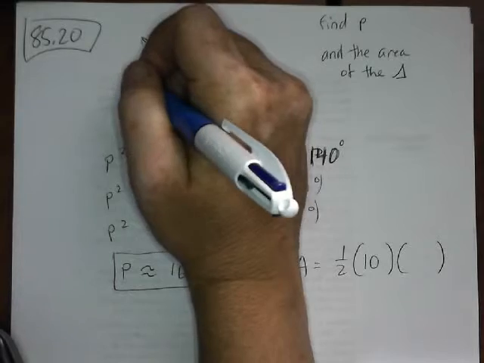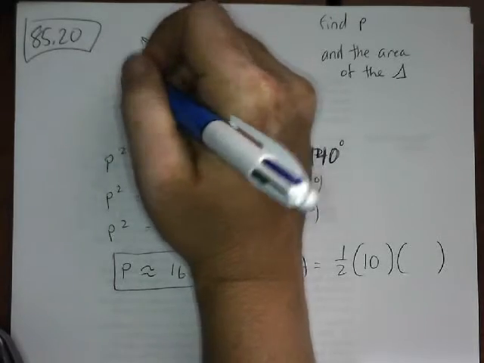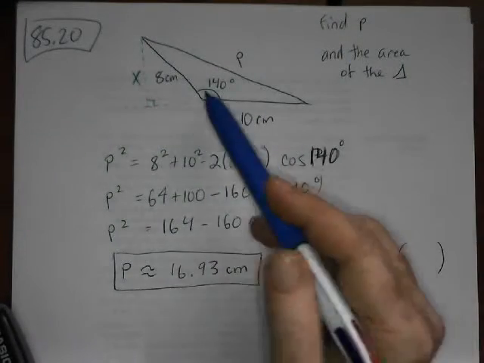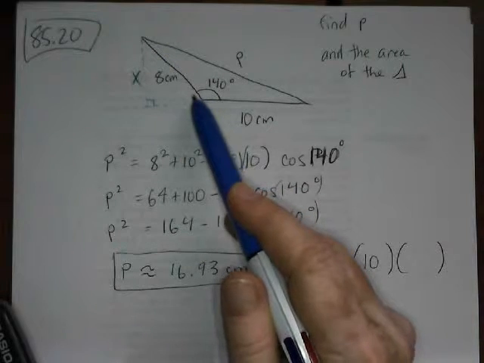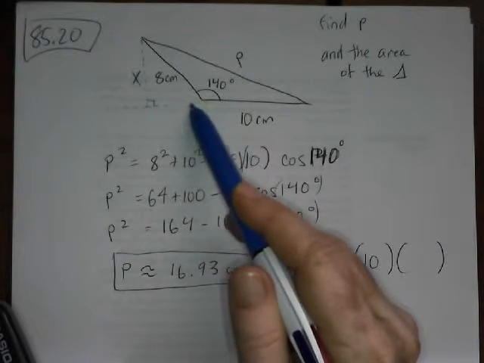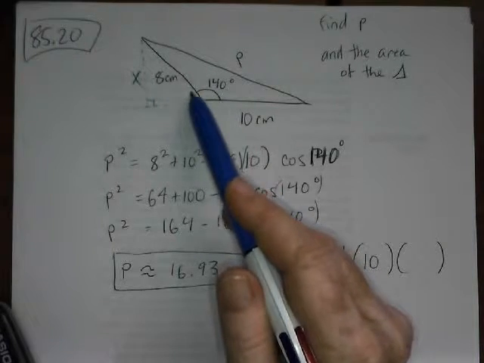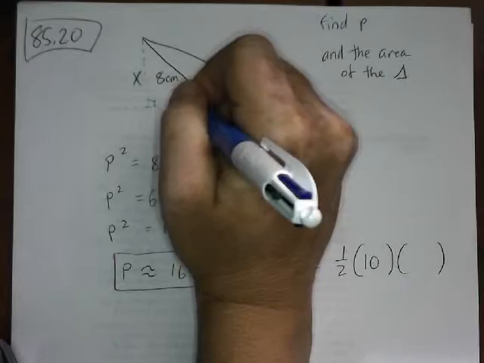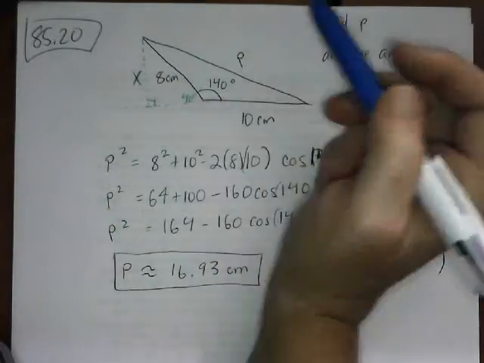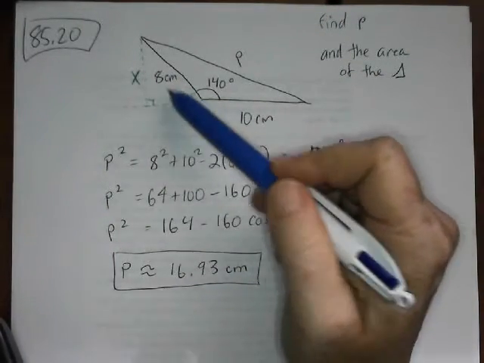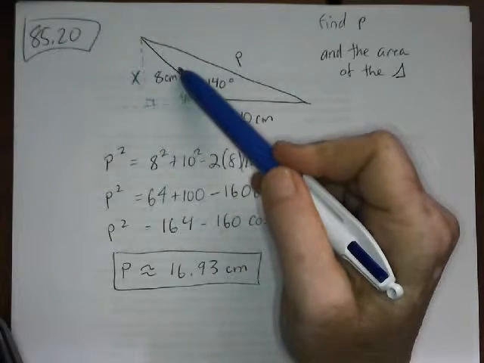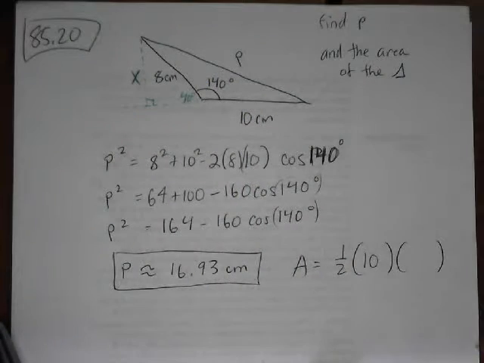What I'm looking for is this height. I could have called it H for height. And then this, I have a hypotenuse. I can get that angle pretty easily because it's a supplement of 180, so I guess that's 40 right there. Which SOHCAHTOA do I want to use? I've got opposite and hypotenuse, so that's sine.